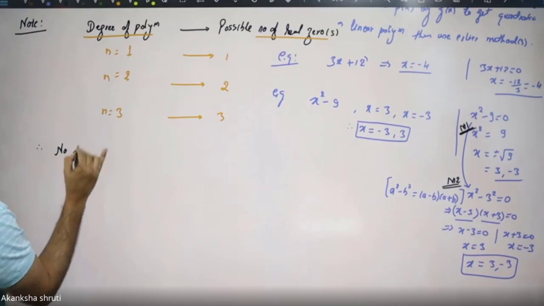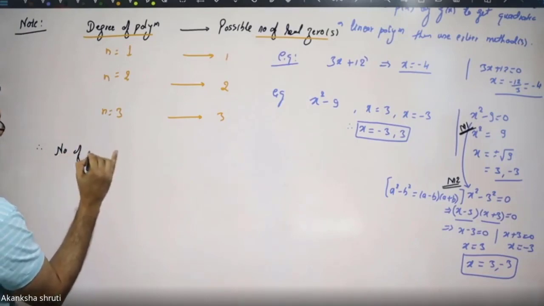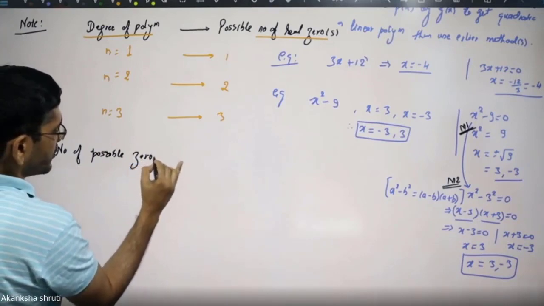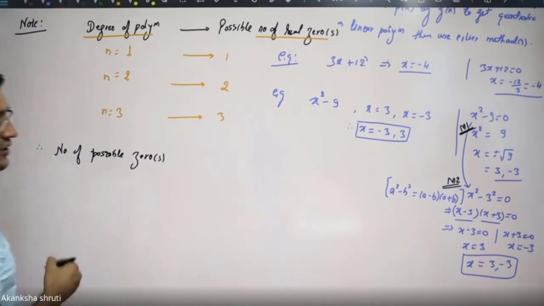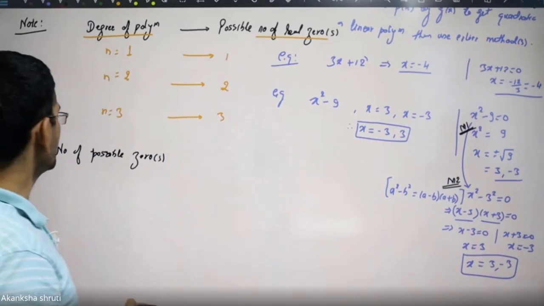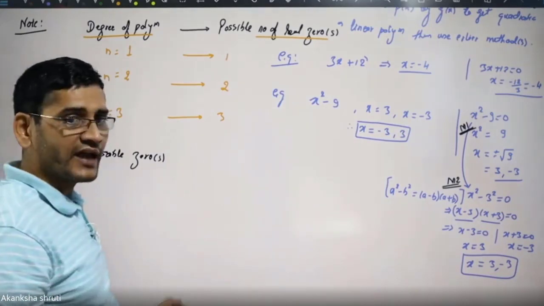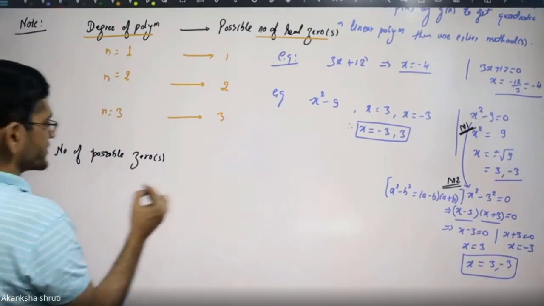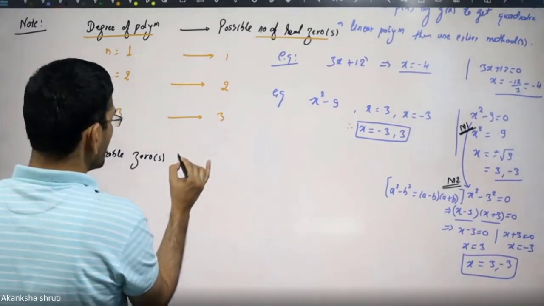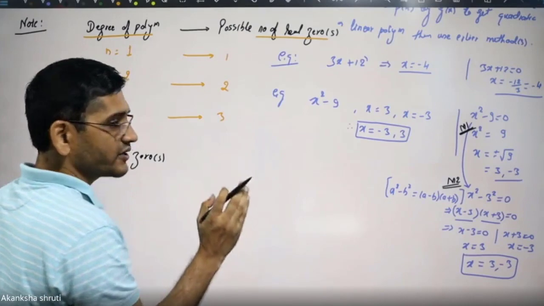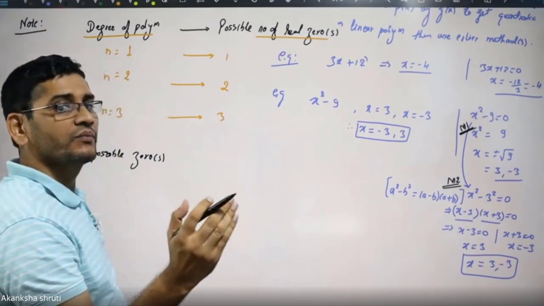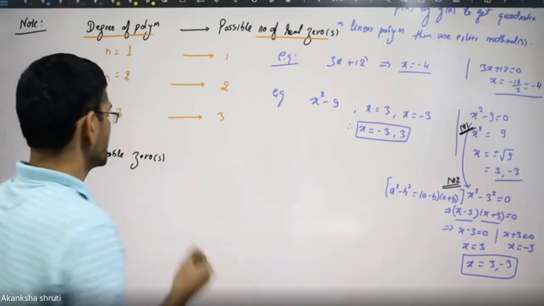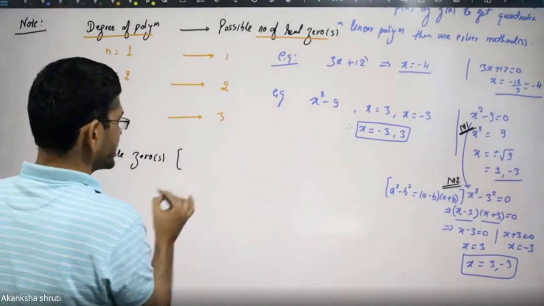The number of possible zeros. Student, keep in mind, zeros means the value of the polynomial should be 0. So the number of possible zeros, or equal values of the polynomial. Okay, that may also be possible. So write in the bracket what I had explained earlier.